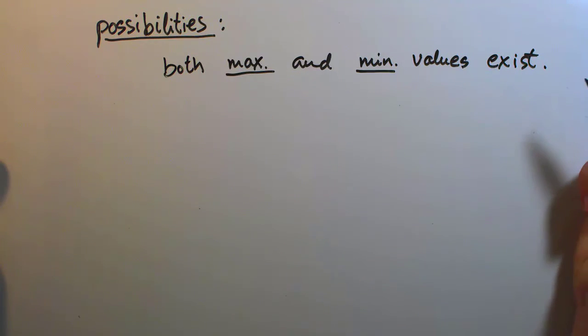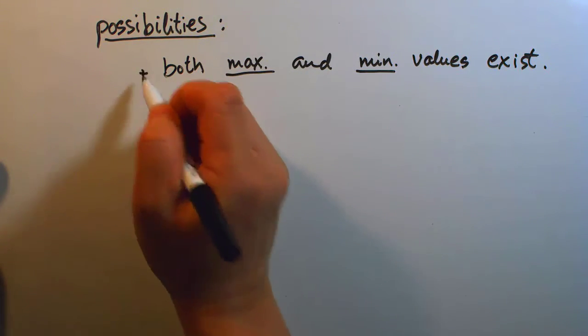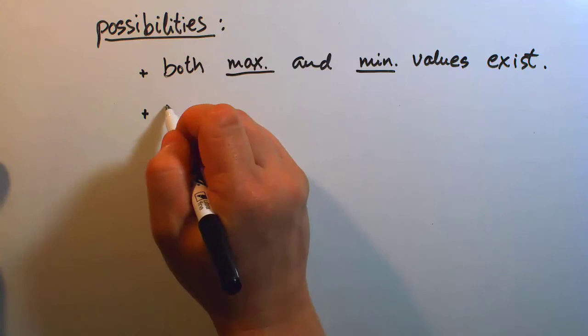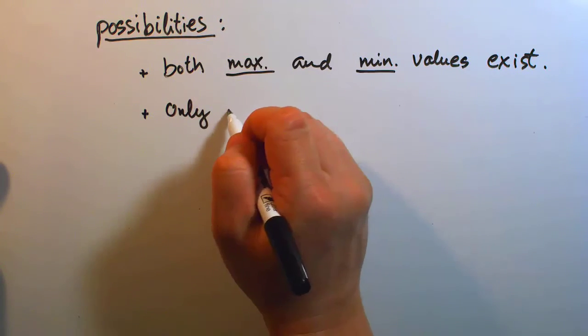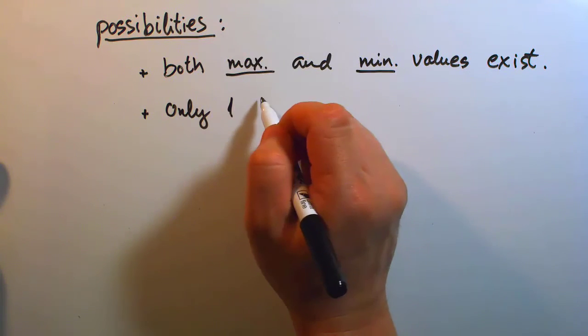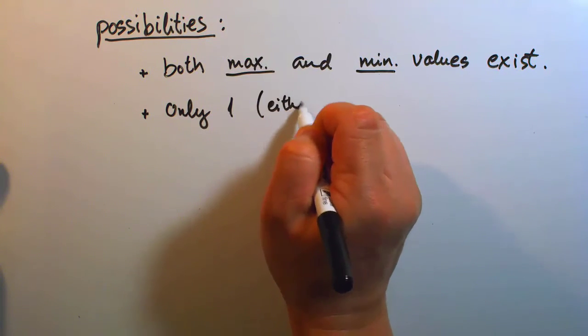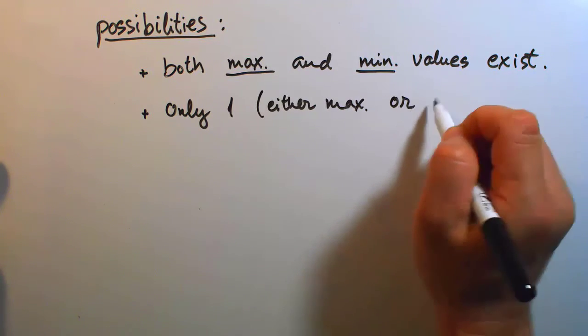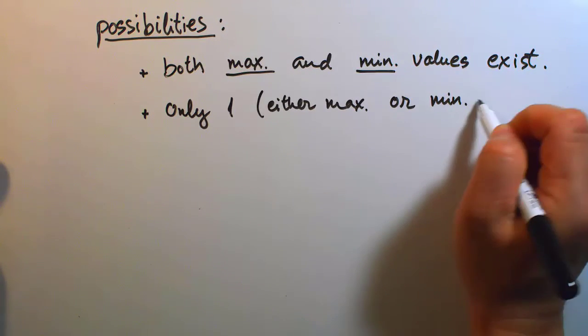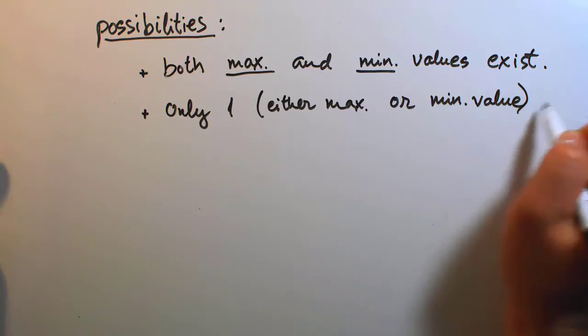We can find both. But in some other problems, we can only find one of them. Either a maximum exists or a minimum value exists.